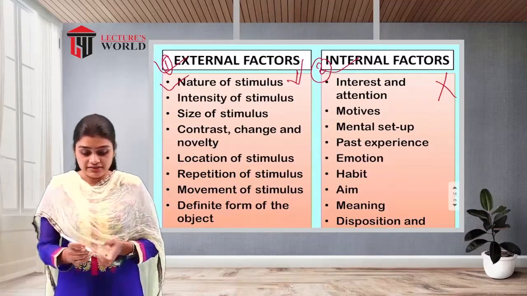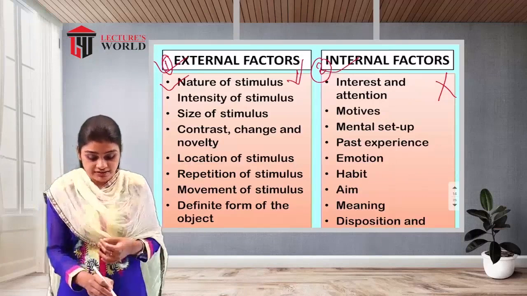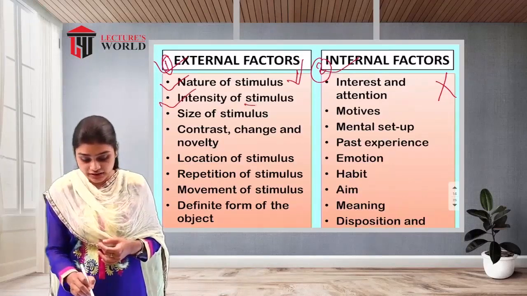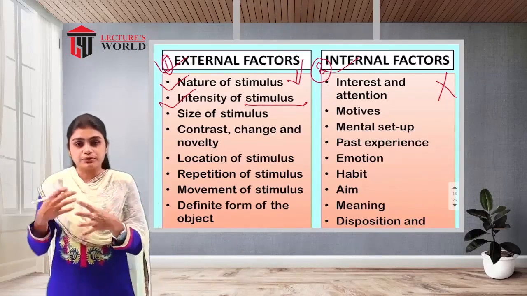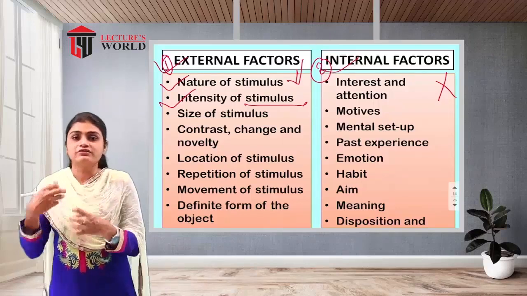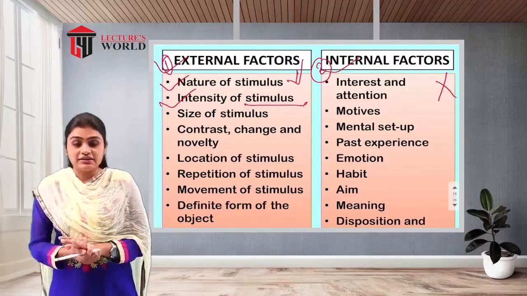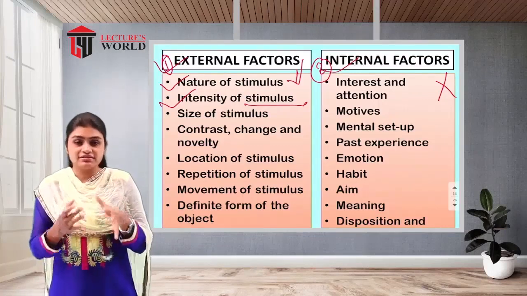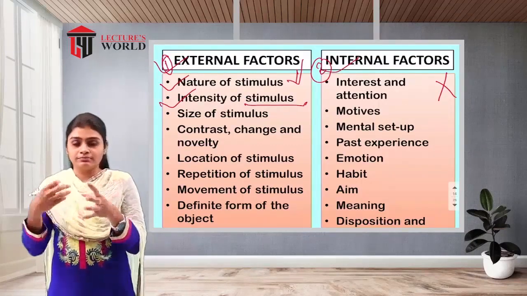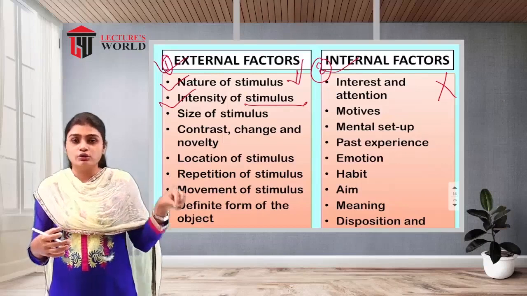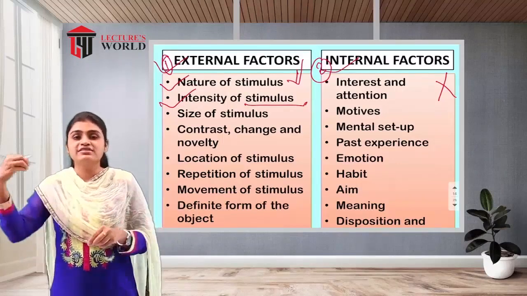The next external factor is intensity of stimulus. Intensity means the activity of that stimulus, how intense it is. As we know, intensity is measured in terms of low, mild, moderate or severe.